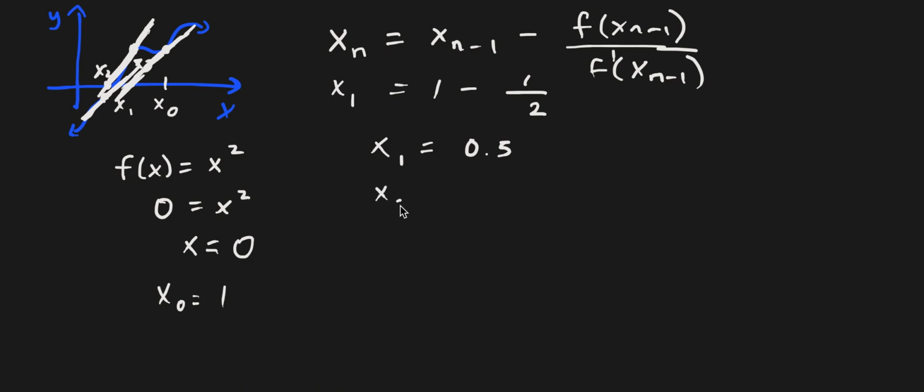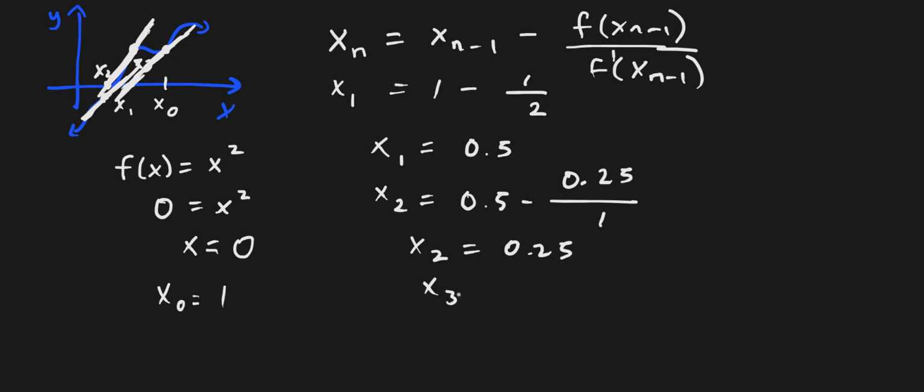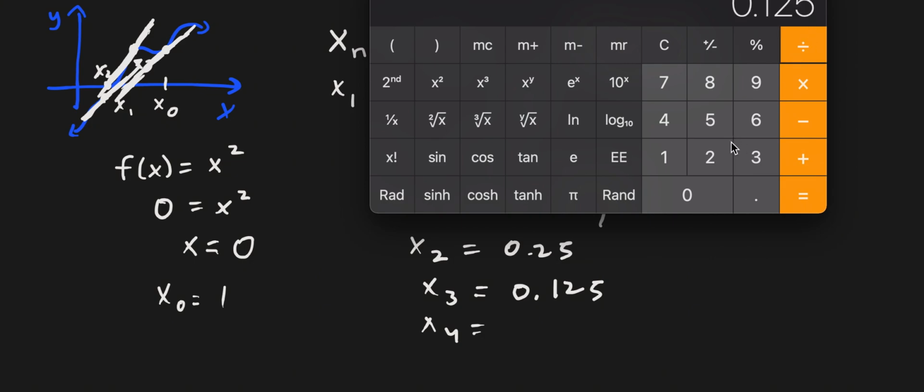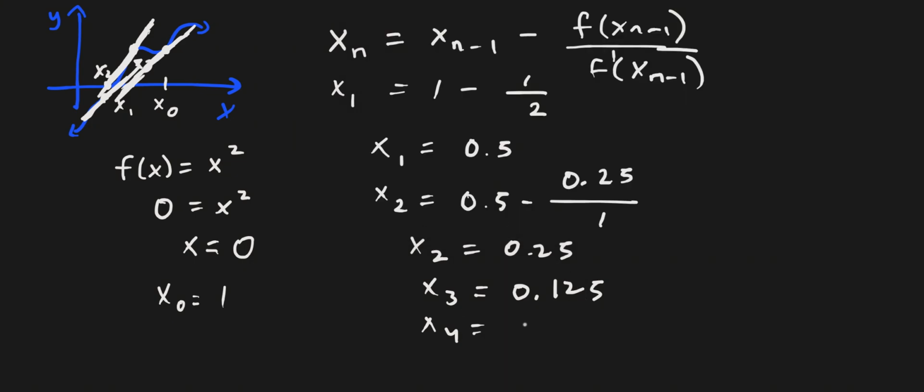Now x sub 2 is going to be x sub 1, so that's 0.5 minus 0.5 squared, which is 0.25, over 2 times 0.5, which is just 1. So x sub 2 is equal to 0.25. If we keep on doing this, we'll see that we halve each time. So 0.25 times 1/2 is 0.125, and divided by 2 is 0.0625.